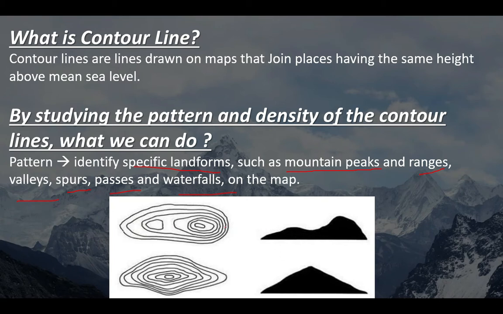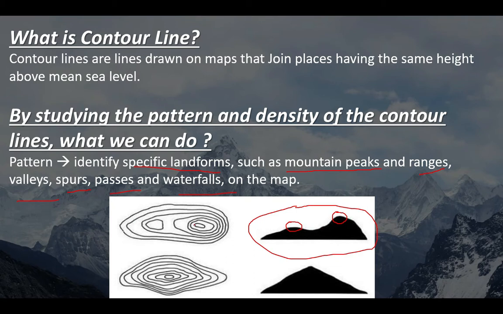Here two types of mountains are given. So two types of contour pictures are also present here in this picture. In the first one we have two peaks, two tops. One is higher and the other one is shorter than this one. Both are peaks.